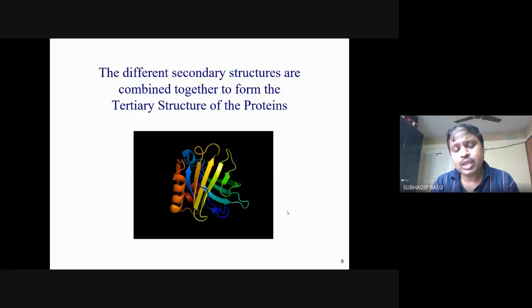It's really interesting. You can see that different secondary structures are combined together to form the tertiary structure of a protein. When we have a complete stable protein, there are different structural units connected to give the protein a unique shape, and based on that particular shape the protein behaves in a particular way.